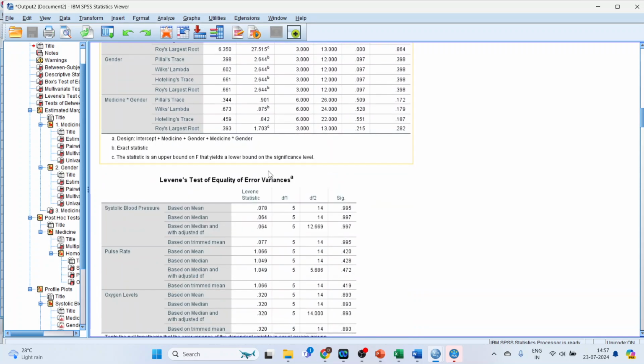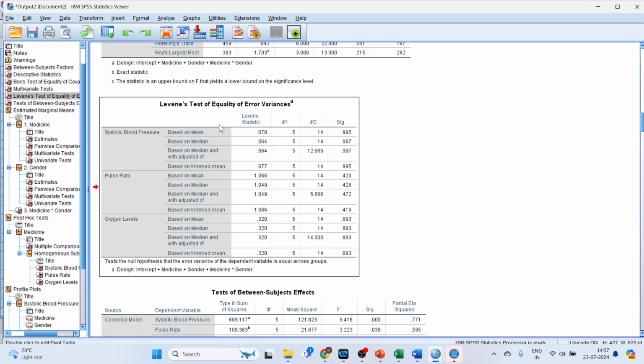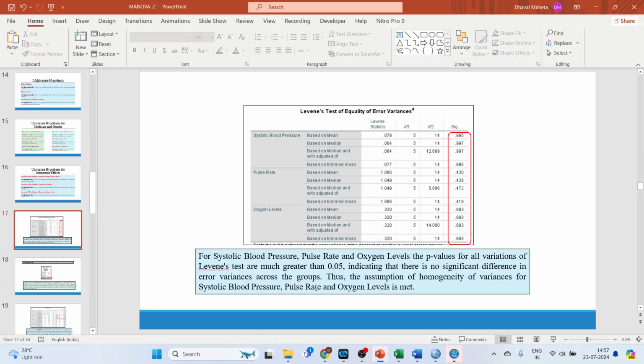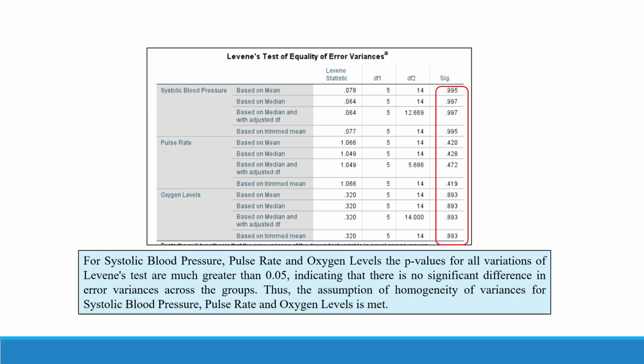So we'll start first with Levene's test of equality of the error variances. Right click, copy. So let's do the interpretation. We will have to see the p-value. For systolic blood pressure, pulse rate, oxygen levels, the p-value for all the variations of Levene's test are much greater than 0.05, indicating that there is no significant difference in the error variances across the groups.